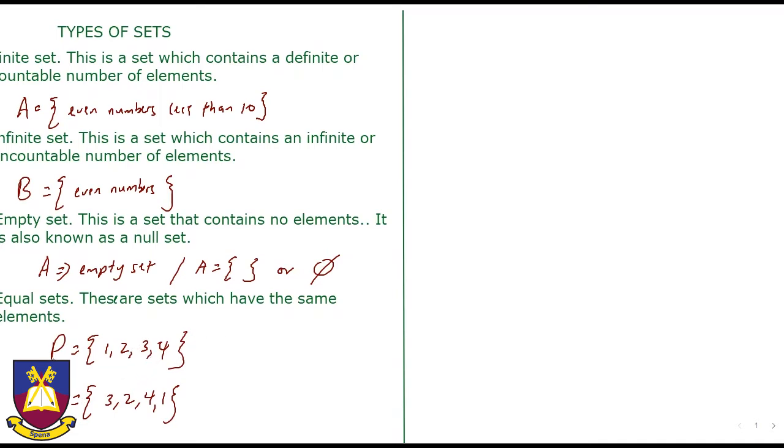So these two, P and Q, are said to be equal sets because they have the same elements. So that's what you mean by equal sets. Equal sets are those ones which have the same elements.